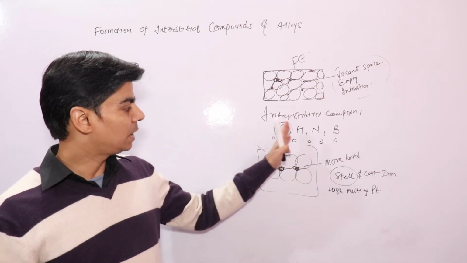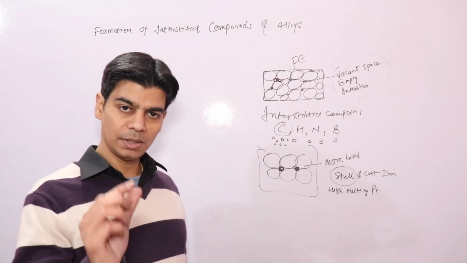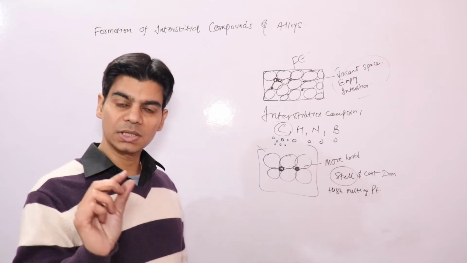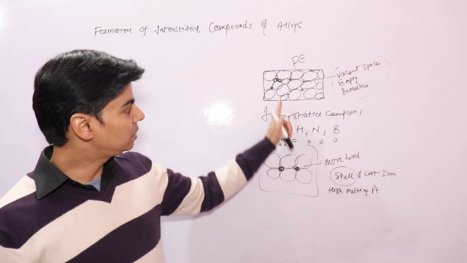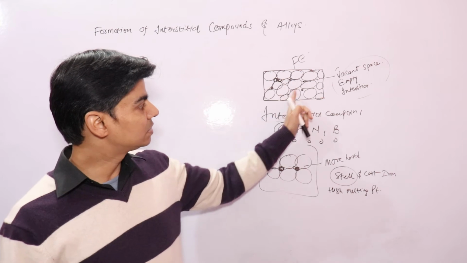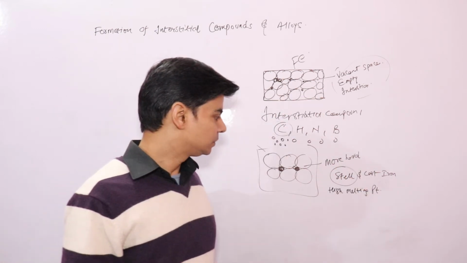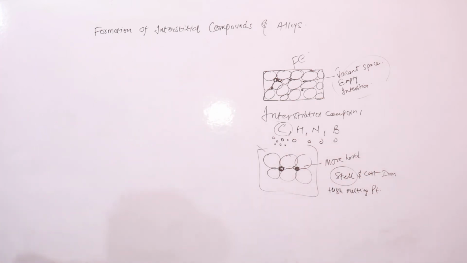They result from adding elements that have small size atoms to the metals. Because they are small, they can occupy these empty spaces, resulting in a harder substance. Steel and cast iron are examples. I hope this is clear.